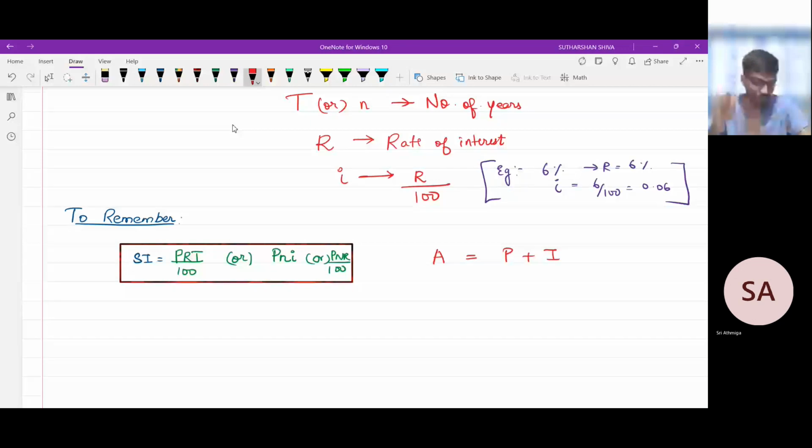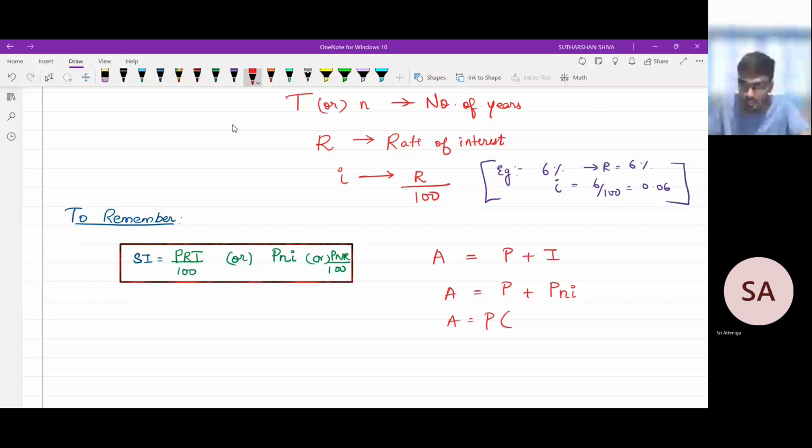If they are asking the amount, it is nothing but P plus I. P remains the same, and I is the interest, PNI. I take P common outside, so it will be P times 1 plus NI. That is the 1 plus NI formula.